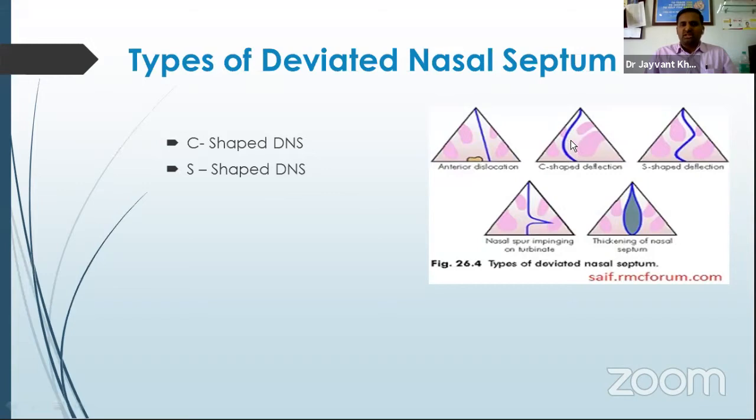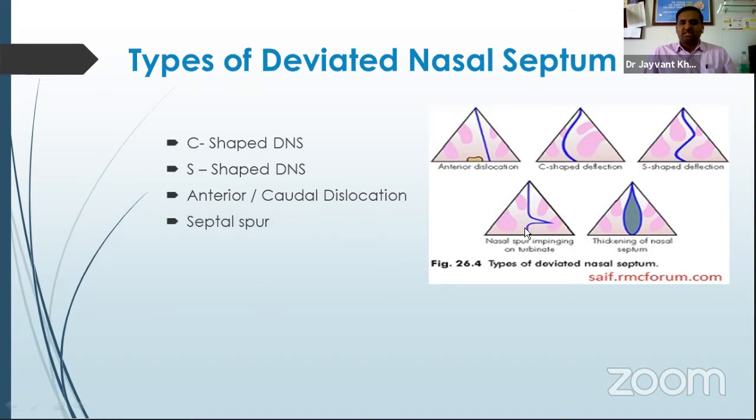You can see in this image C-shaped deviation, S-shaped deviation, then anterior or caudal dislocation. This is the caudal end or columellar end, in which the nasal septum is displaced into the right or left nasal cavity; you can call it anterior or caudal dislocation.